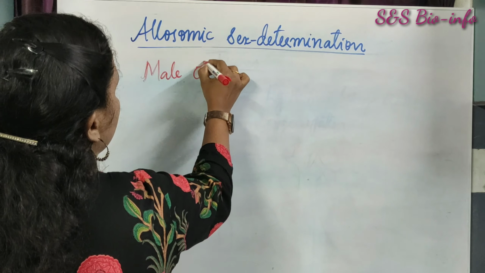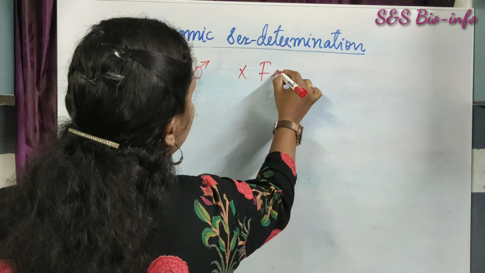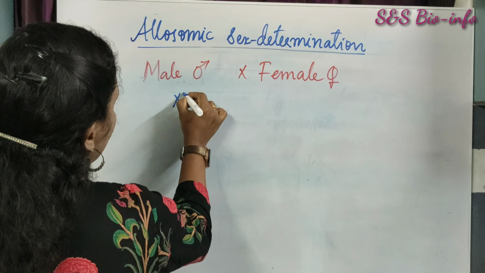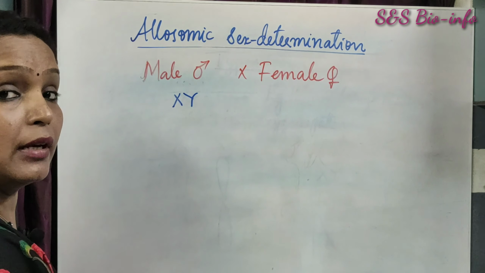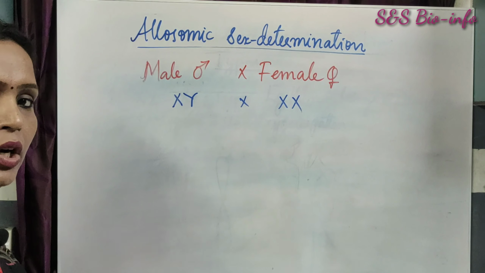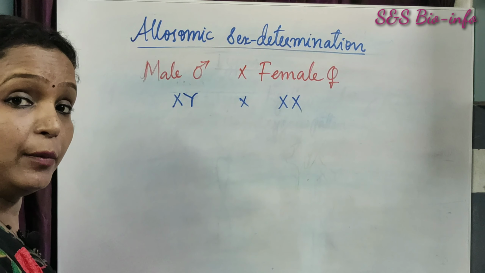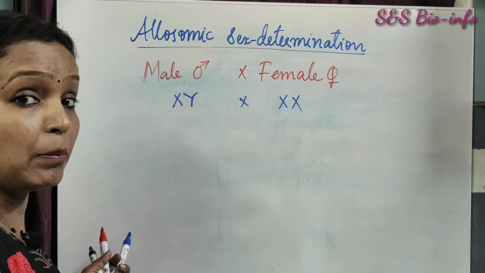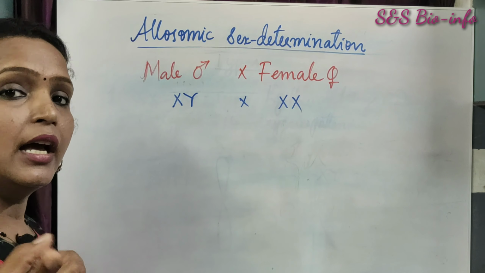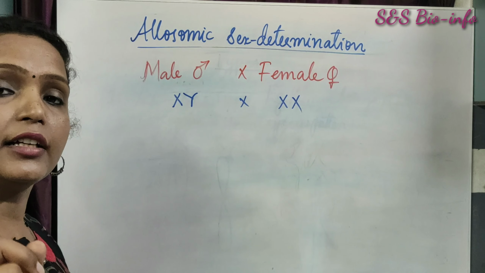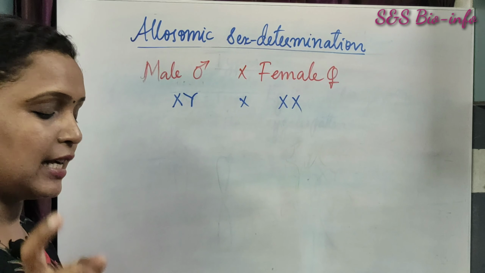Male and female. Males have XY, while females have XX. Okay, then at the time of gamete formation in male parent, the gametes are haploid in nature. That means gametes carry only one chromosome from each pair, so that the gamete is a haploid cell.